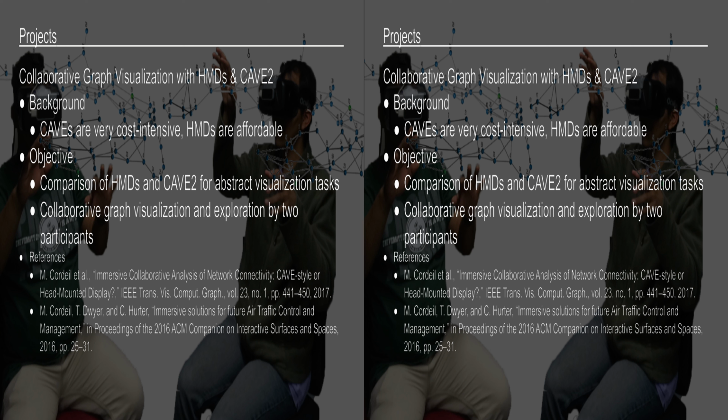What you see in this context is, in the background, you always have two persons who are collaborating. In the cave 2, of course, you could see each other. And by using the HMDs, we had a DK2 Oculus Rift, and you could just see the shared head and the finger positions.